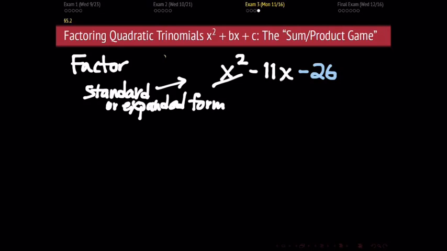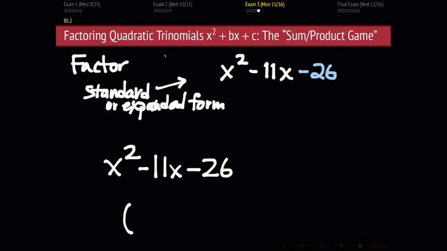If we are able to factor it, here's what might happen. X squared minus 11x minus 26. If we're somehow able to factor this into a product of two things, that's what we're going to be hoping to do in just a moment.